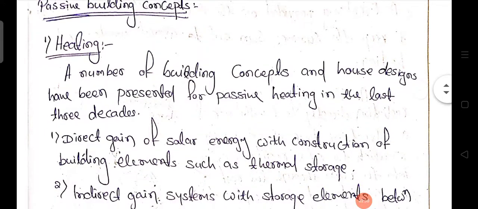In the passive building concept, there are two desires: one is heating and one is cooling. Heating is needed in winter days or night times, and cooling is needed in summer days.